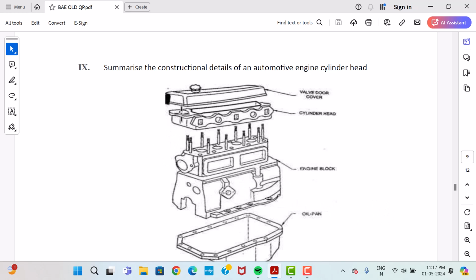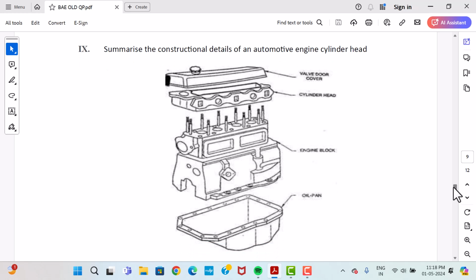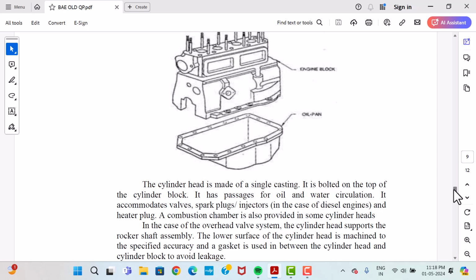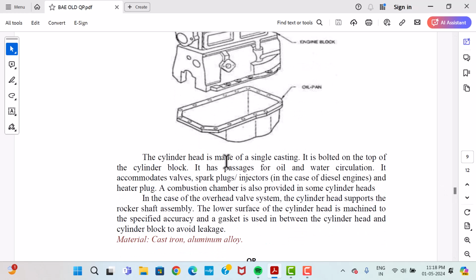So the question is about the cylinder head. You have to write the construction details of the engine head. The cylinder head is made up of a single casting. It is bolted to the top of the cylinder block. It has passages for oil and water circulation, for cooling and lubrication.